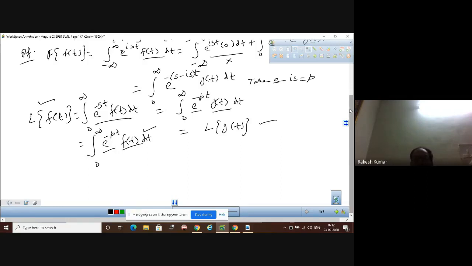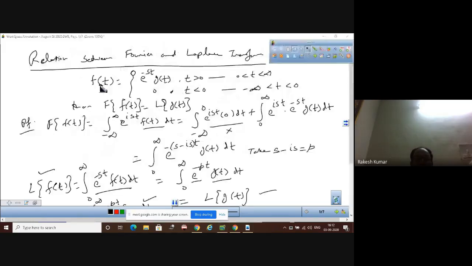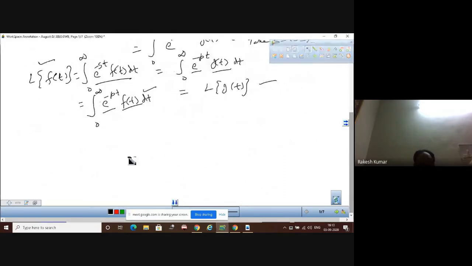And where does g of t come from? g of t comes from f of t, because f of t is equal to the exponential multiplied with g of t. This is a very important relationship we have, and now we have a residue theorem related to this.